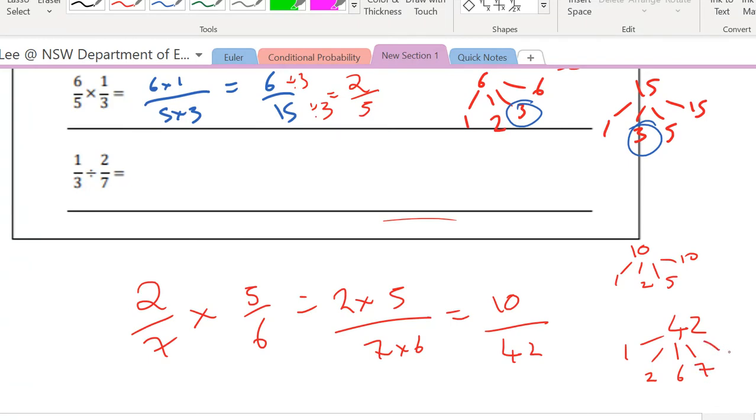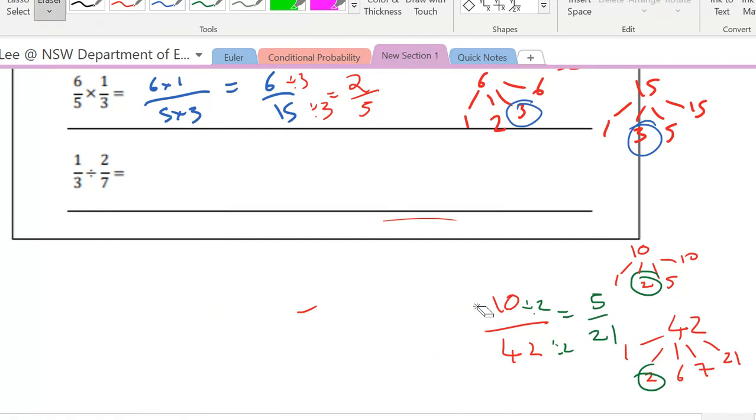Then we've got 21. And the highest common factor is just going to be 2, isn't it? To give 5 over 21. Now let's get rid of these.